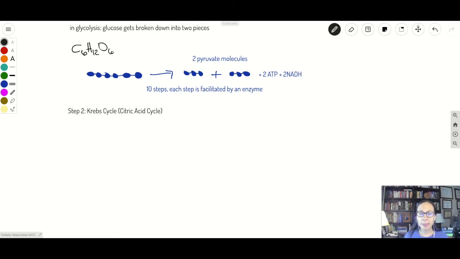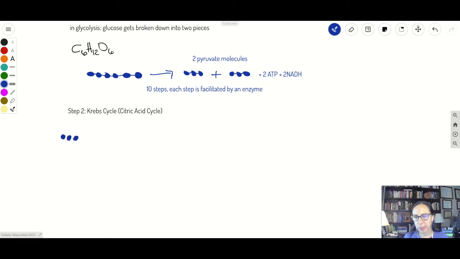So what happens is we are going to take these two pyruvate molecules. Okay, so these two ATP and two NADHs we're going to save for later. Okay, so right now we're working with the two pyruvate molecules, and those two pyruvate molecules are going to go into the citric acid cycle. And so I'm going to draw that here. So we have 1, 2, 3.